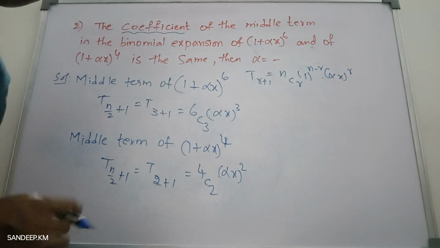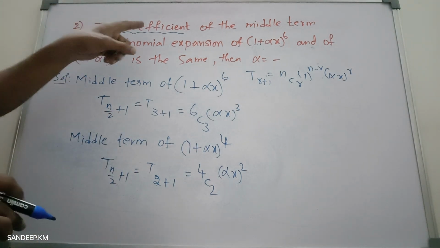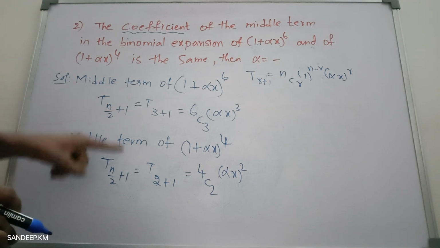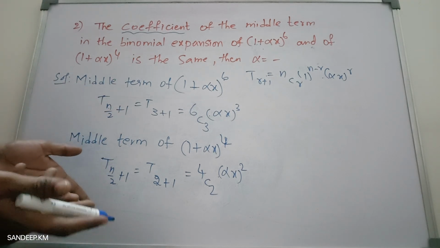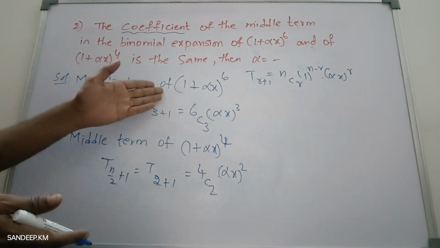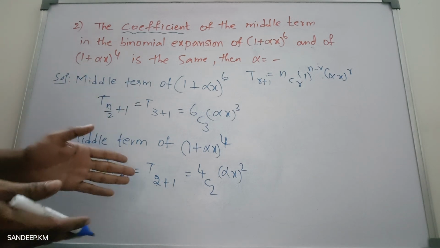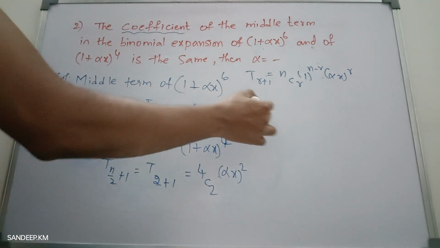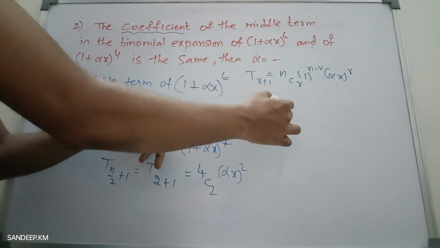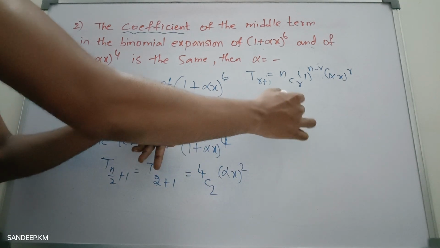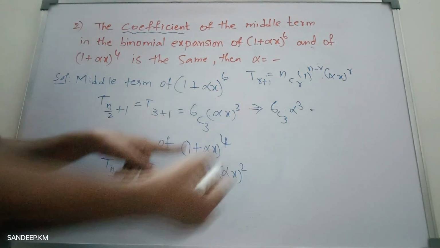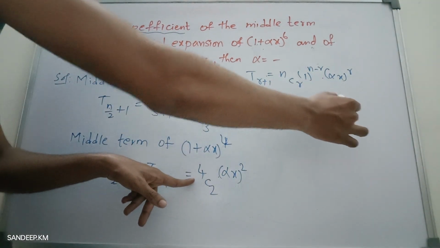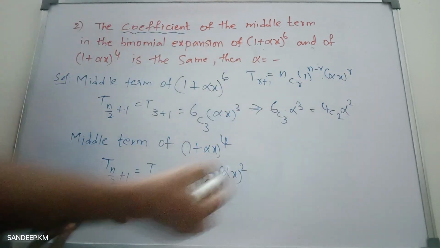Now dear students, what they said in the question, the coefficients of these two middle terms are same. They said that the coefficients of this middle term and this middle term are same. Which means that here the coefficient of this middle term is 6C3 into alpha power 3. It will be equal to 4C2 into alpha power 2.